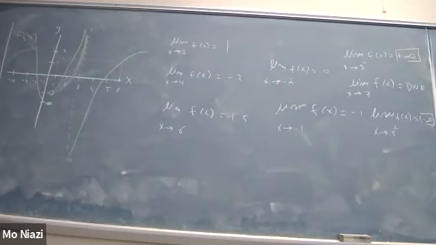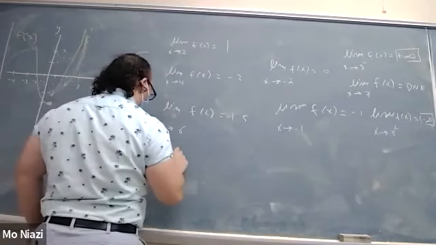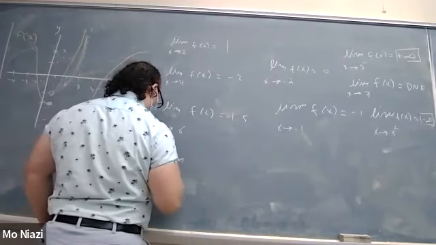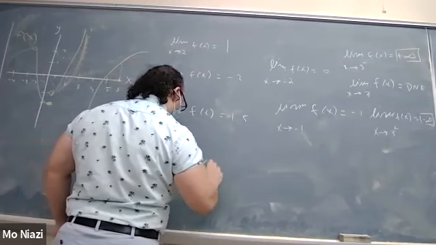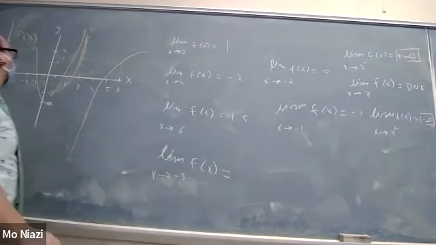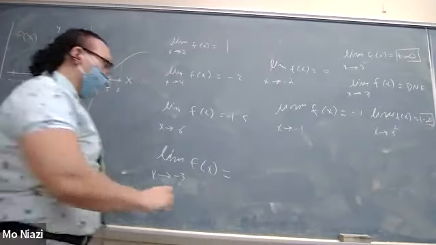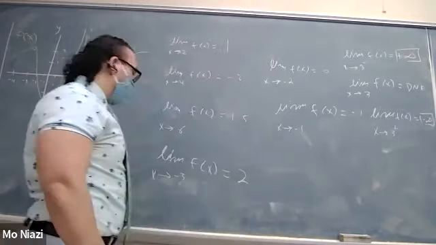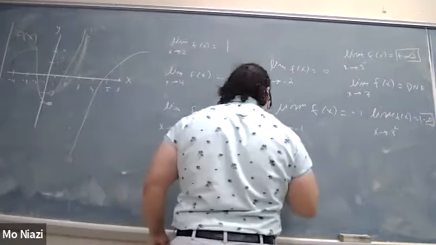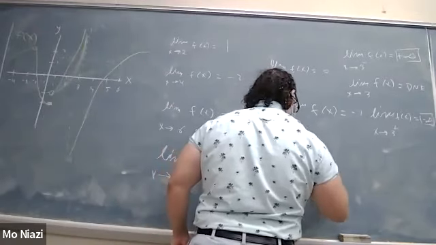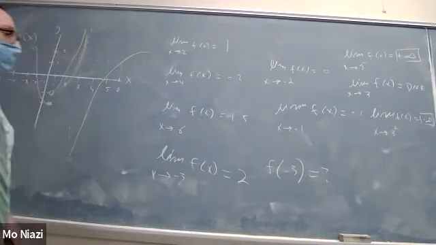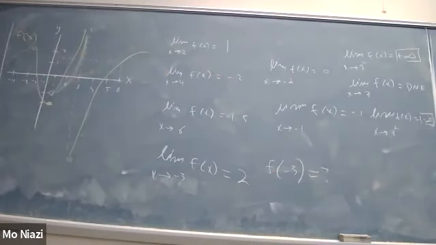So what would be the limit as x approaches -3? Well, what is f of -3? Doesn't exist.